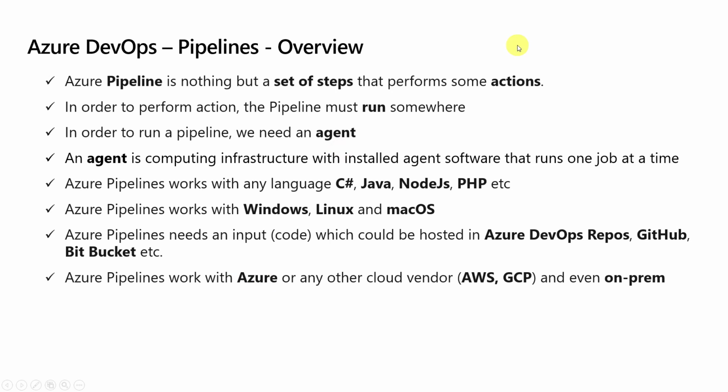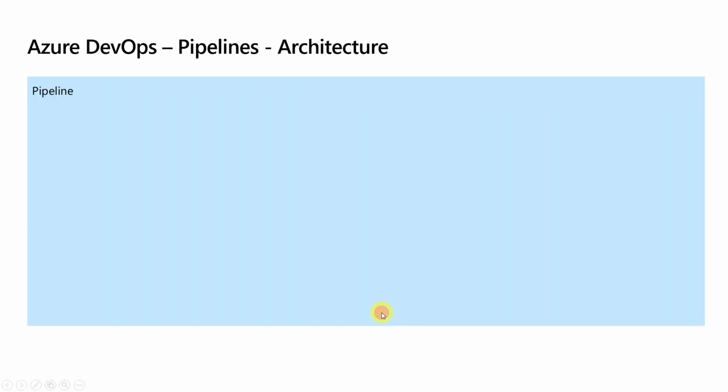Now here we discussed many terms: pipeline, job, task. So let's understand the relationship between all those. We will first create a pipeline. In the previous slide I said a pipeline is nothing but a set of tasks.